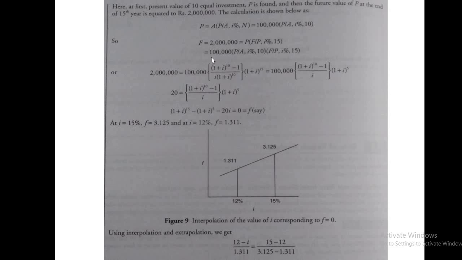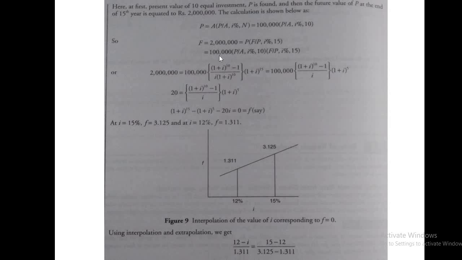So this formula is based on future worth analysis. That future worth analysis calculation we already went through in the previous video.